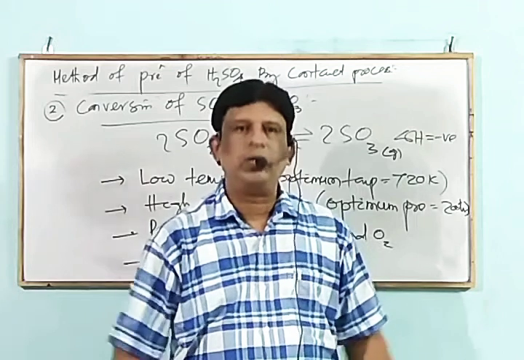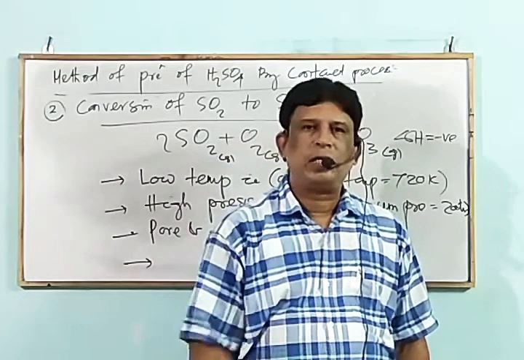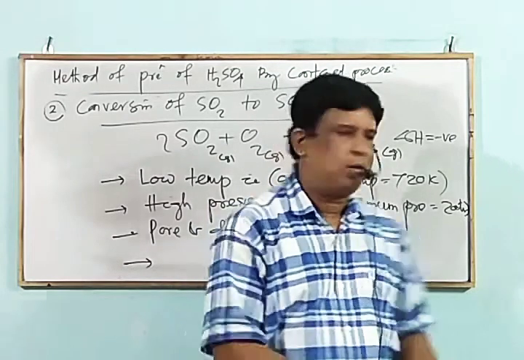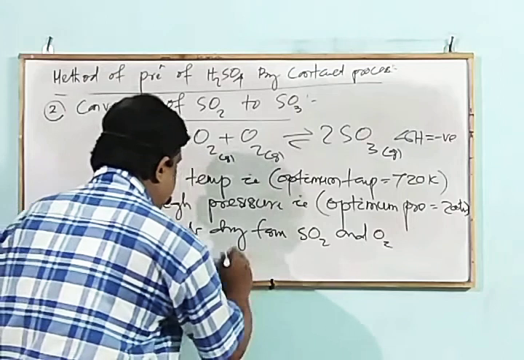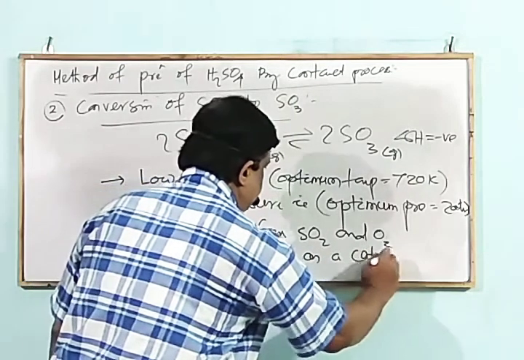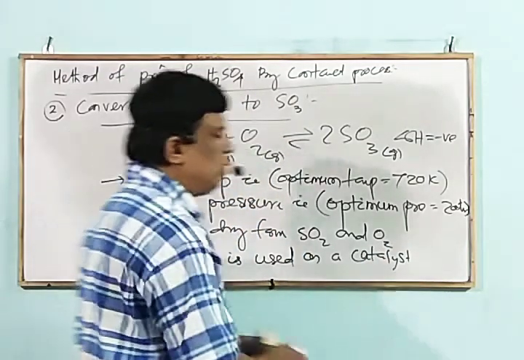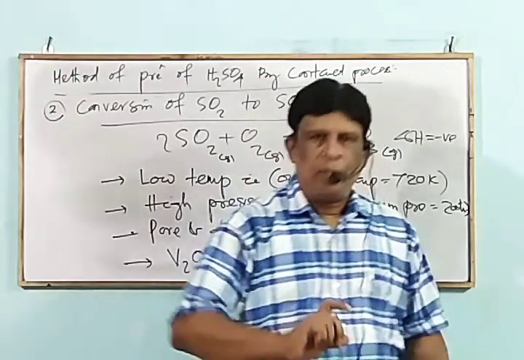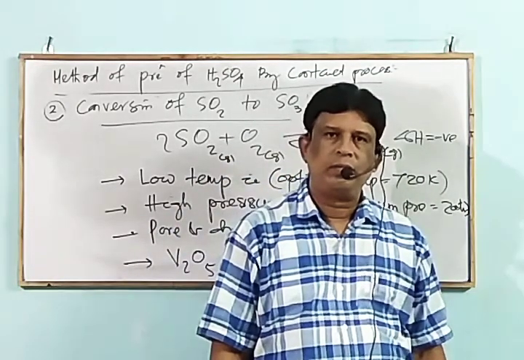So later on, with the development of science, platinized asbestos is replaced by vanadium pentoxide. So vanadium pentoxide is used as a catalyst. These are the favorable conditions for formation of more sulfur trioxide.